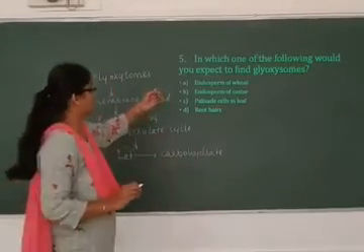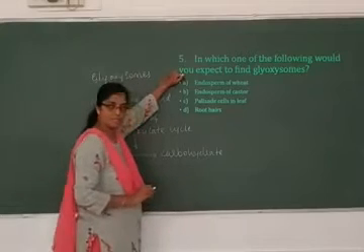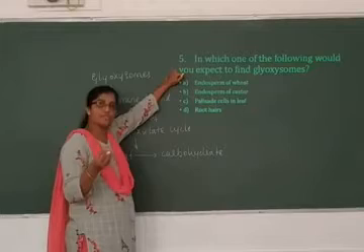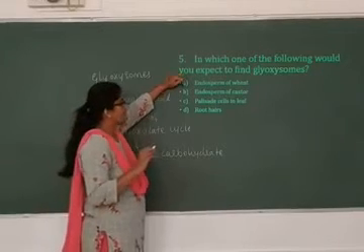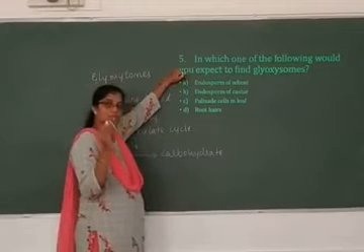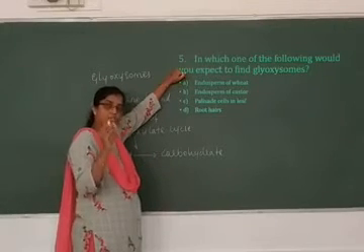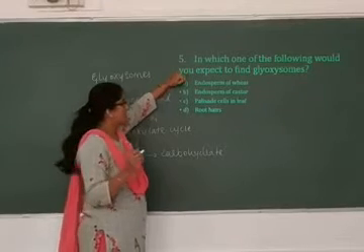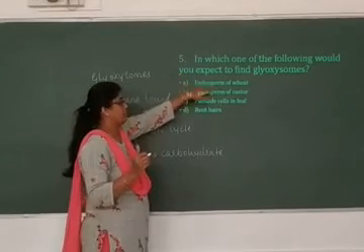Now look at the options. Endosperm of the wheat. Endosperm is a nutritive tissue for the growing embryo. Endosperm of wheat is not an option because wheat is basically rich in starch. Endosperm of the castor.